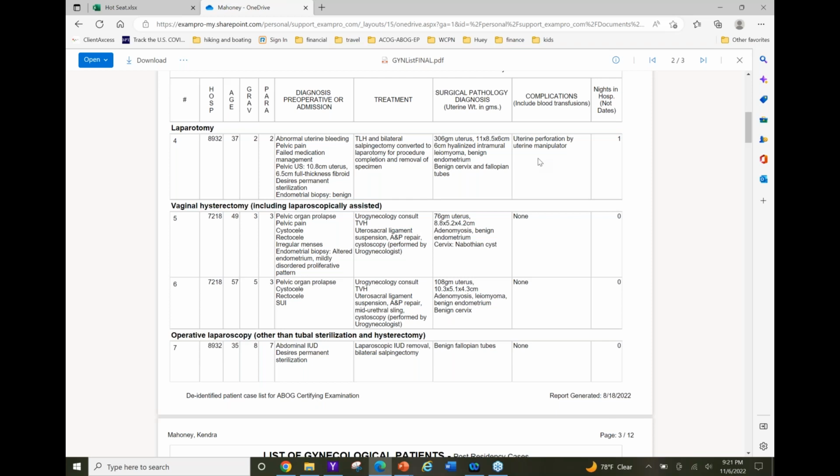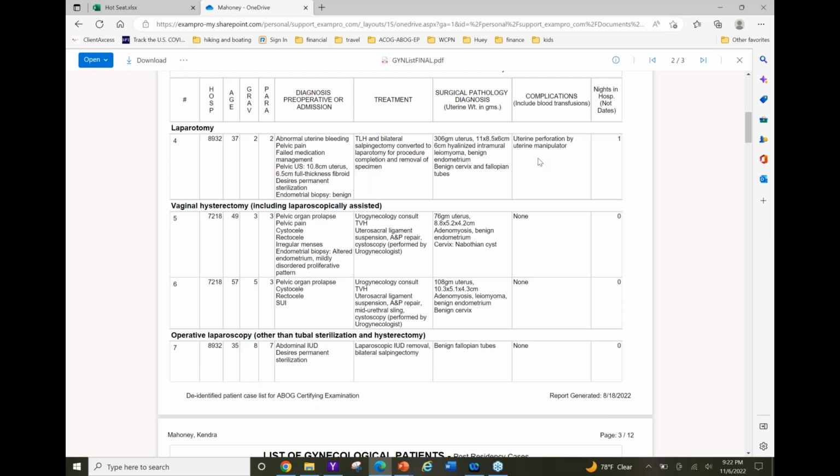Okay, one last question about this case. It sounds like it was a pretty difficult case even before you made the conversion. Is that true? Prior to perforating, it was not actually. She had never had any prior pelvic surgery. There were no intra-abdominal adhesions.